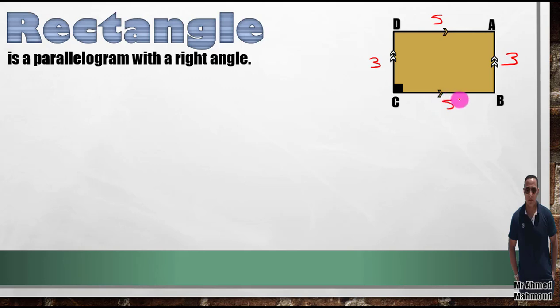So the opposite sides of the rectangle are equal in length, like the parallelogram. Also the opposite sides are parallel, and the diagonals bisect each other, and so on. All the properties of the parallelogram are included in the rectangle. But the rectangle is a special case of the parallelogram, so it has its special properties.